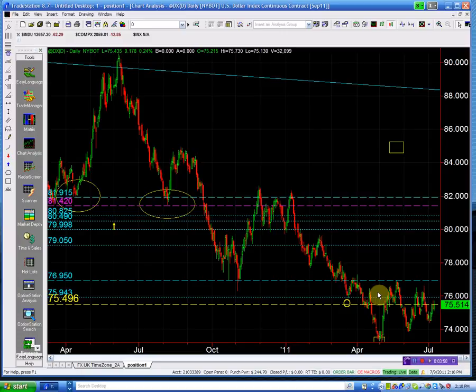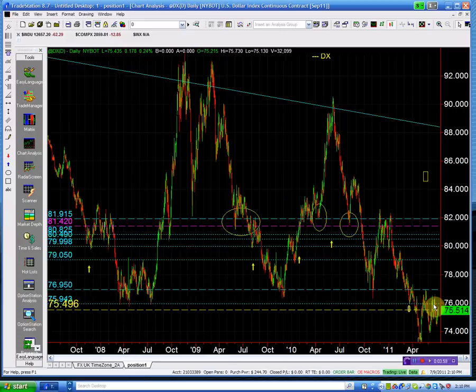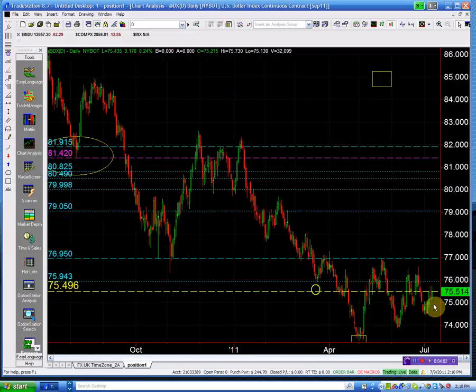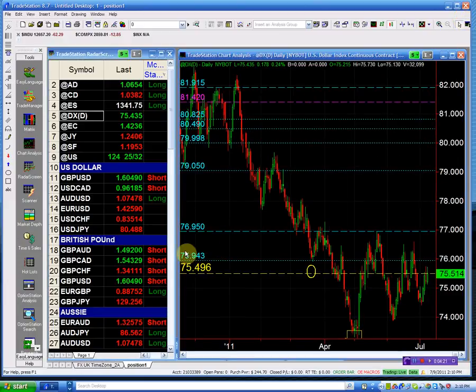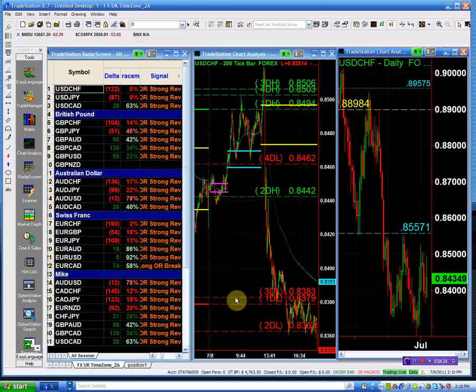The bias is to the downside, even though we are getting now some moves close above the 75. It is closing at it. So this, in essence, the way I have to look at it, is a kind of positive close for the dollar, even though it crashed on Friday versus the Swiss franc.